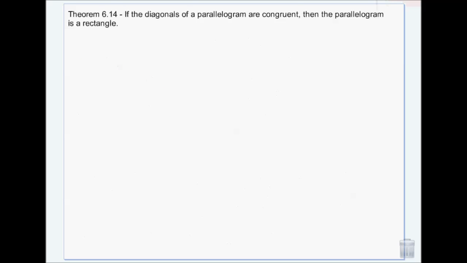Theorem 6.1: if the diagonals of a parallelogram are congruent, then the parallelogram is a rectangle. So, a regular parallelogram, right?